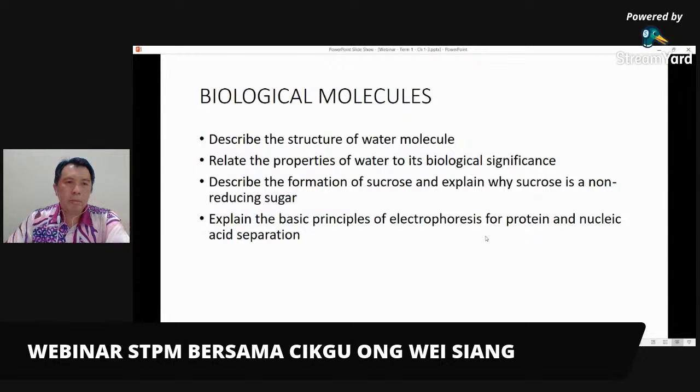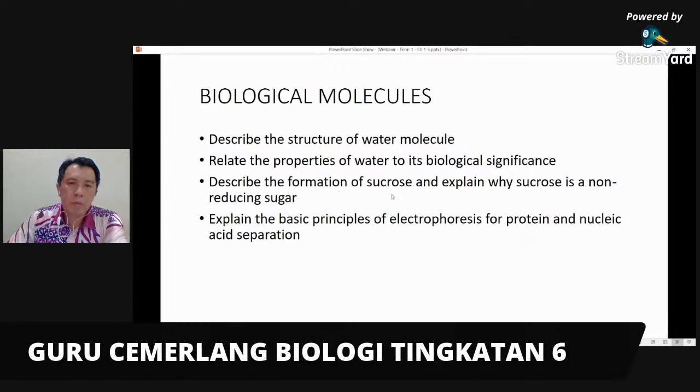For example, describe the structure of water molecule, relate the properties of water to its biological significance, describe the formation of sucrose and explain why sucrose is a non-reducing sugar, and explain the basic principles of electrophoresis for protein and nucleic acid separation.